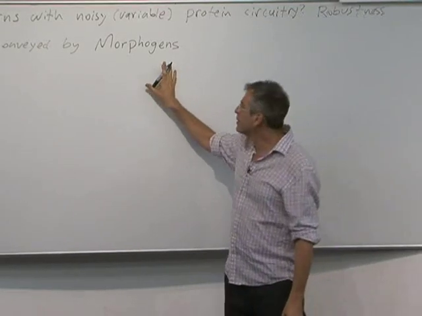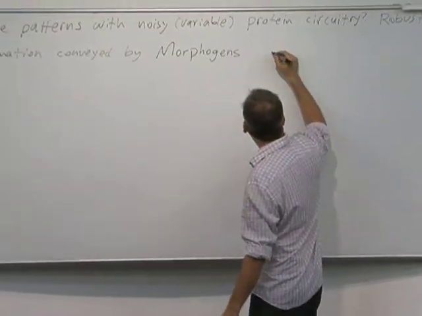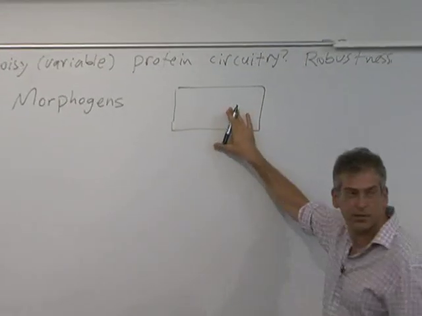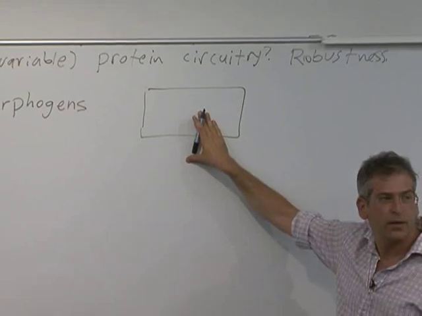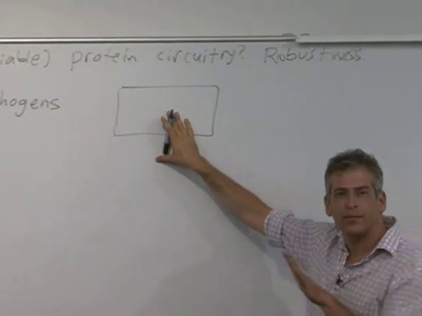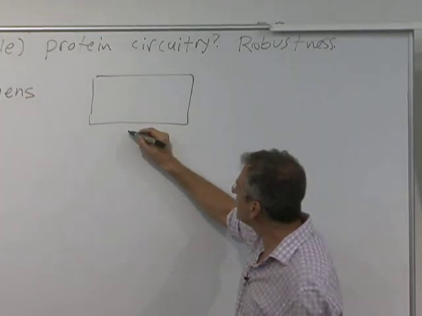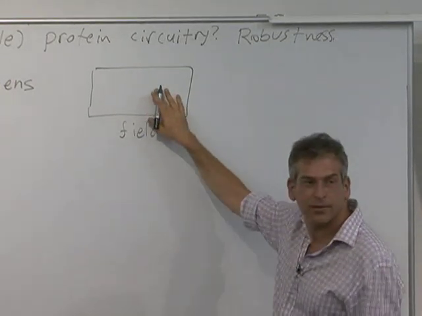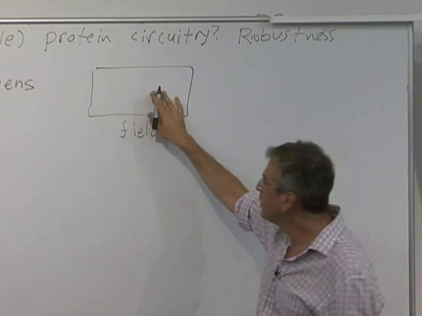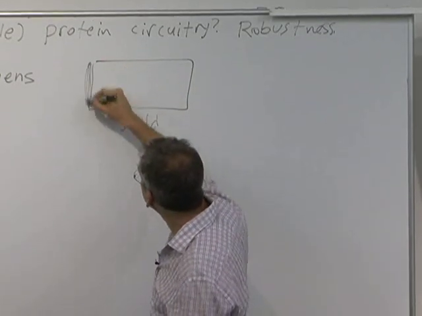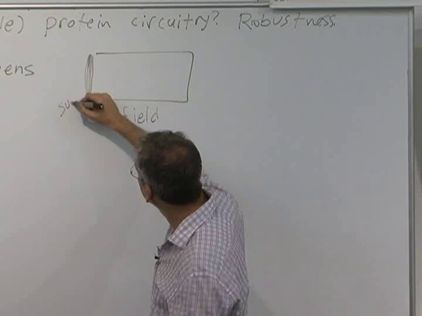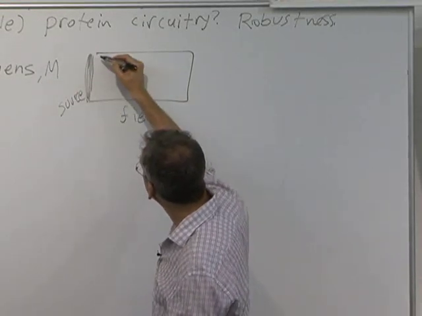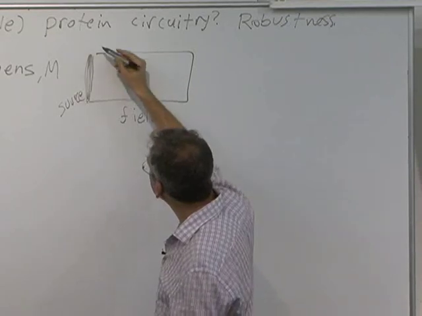These morphogens are produced. So imagine this is a piece of tissue which we want to pattern. This is called the field of cells, which are initially identical. We want to make a pattern here. Morphogen is usually made at some source of morphogen, which we'll call M, and it starts diffusing.